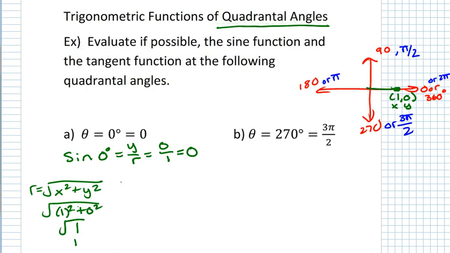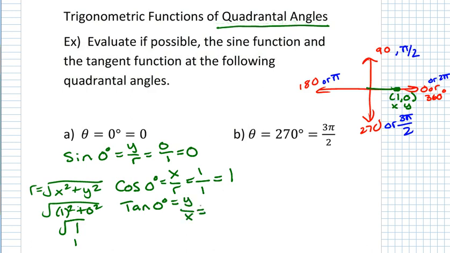If I wanted to find the cosine of a 0 degree angle, remember that's x over r, and the x value is 1. The r value is 1. So 1 over 1 is 1. The tangent of 0, remember that's y over x. So that's 0 over 1, which is 0.